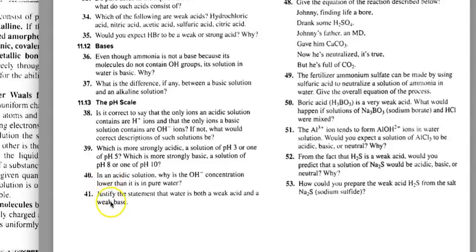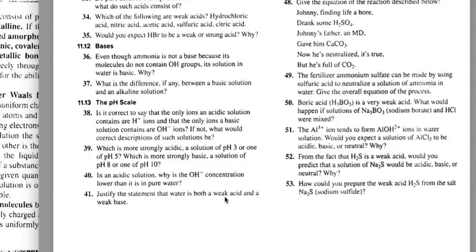Okay. Lastly, justify the statement that water is both a weak acid and a weak base. It is a weak acid or a weak base on the one hand, or it's neither acid nor base on the other hand. It is six in one hand, half a dozen in the other. It's the same. It's because water sits right in the middle.